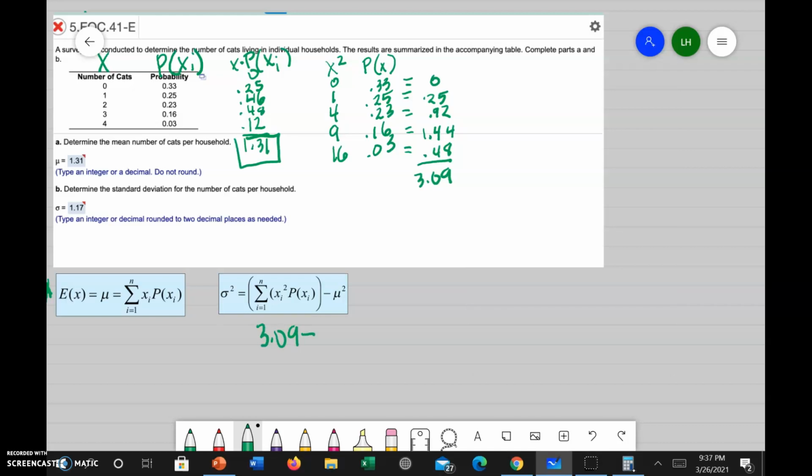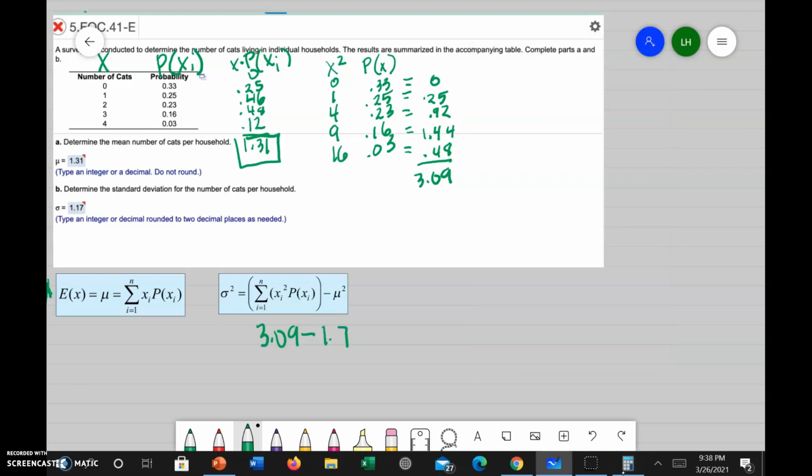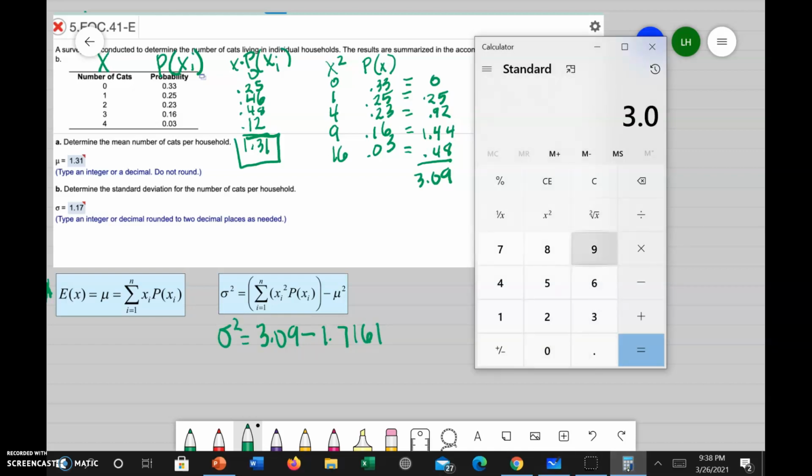Now I have to square the mean, and we know the mean is 1.31, so 1.31 squared would be 1.7161. So now I'm going to subtract those, and I get 1.379, and I have to take the square root of that.